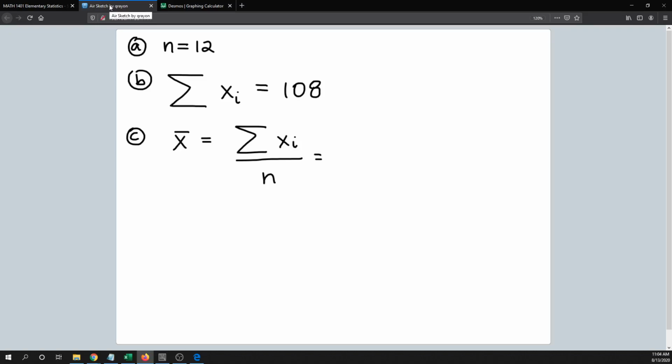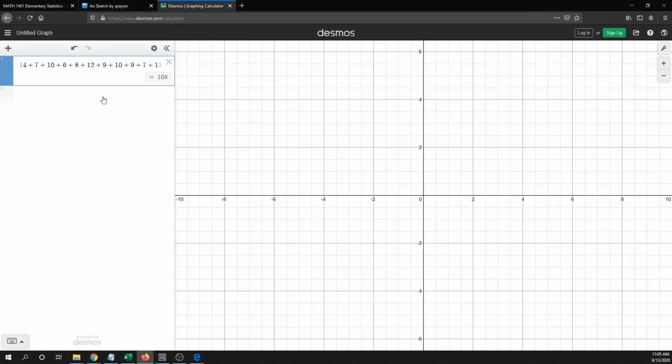The sum of the x sub i's is 108, and n, the sample size, is 12. 12 actually goes into 108 evenly, that's 9 times. But you could just do it like this, 108 divided by 12.